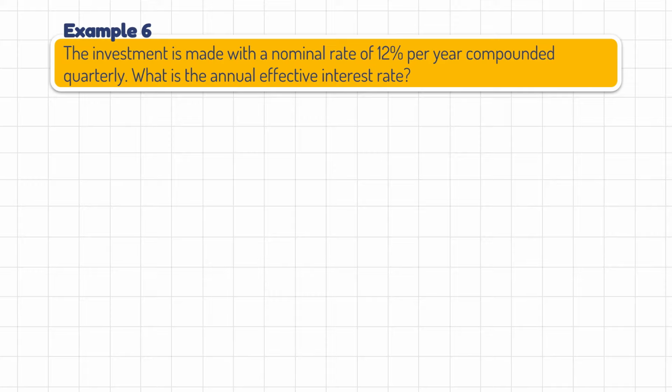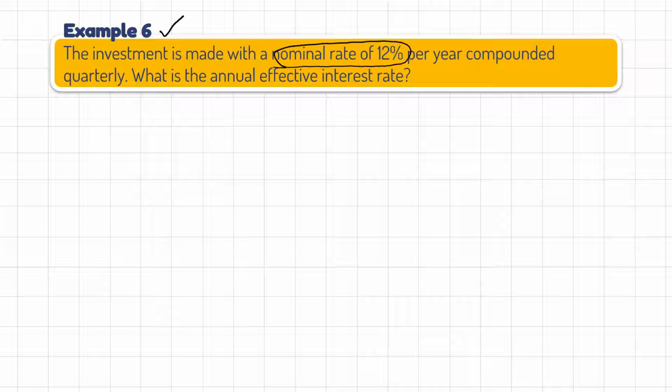So, now let's proceed with example 6. The investment is made with a nominal rate of 12% per year compounded quarterly. What is the annual effective interest rate? So here we are given the nominal rate, which is 12%.